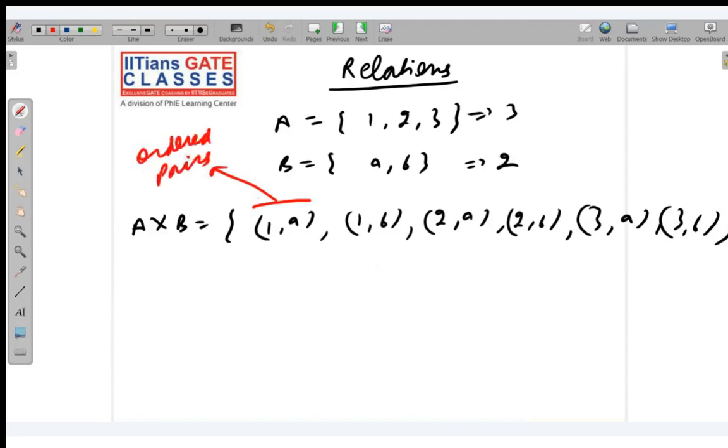That means 1a and a1 are different. I have given you the idea of x, y and y, x points in a 2D plane. That is the basic scenario here.